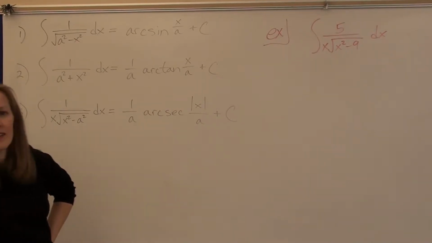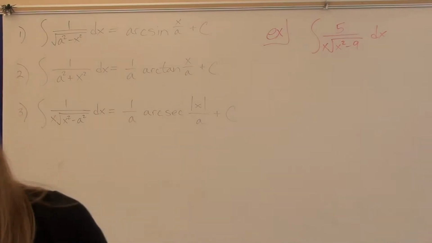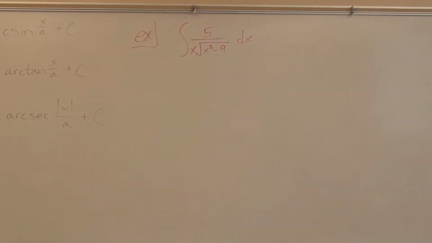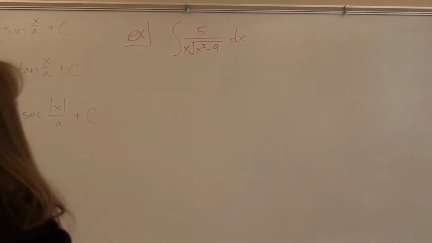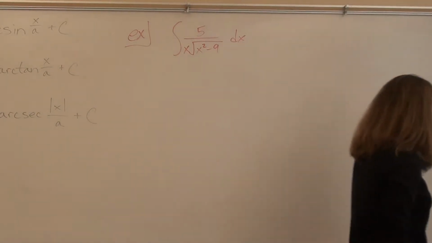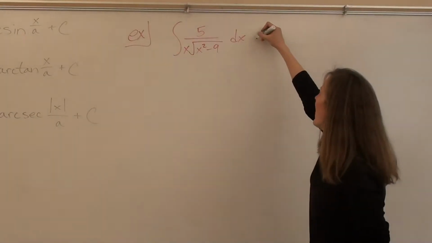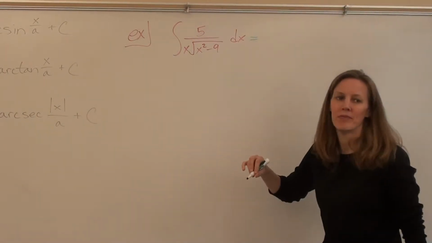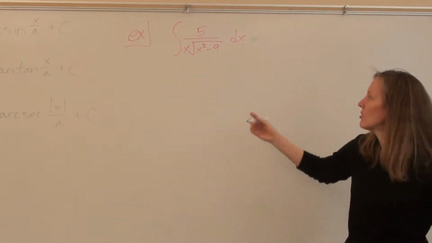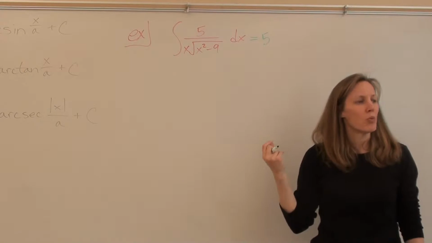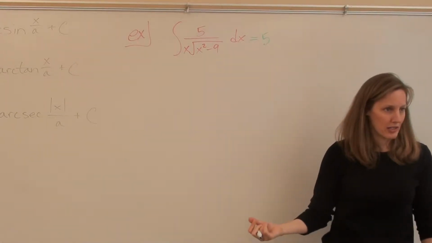Secant. It's a secant. Now, how do you know it's a secant? Because there's a root on the bottom and there's an x in front of it, right? Okay. All right. And then it's just a matter of writing the formula for this one. The 5, does the 5 have a major effect on it? No, it's just a coefficient. So the 5 can just be multiplied by whatever your answer is. There's a 1 over a in front.